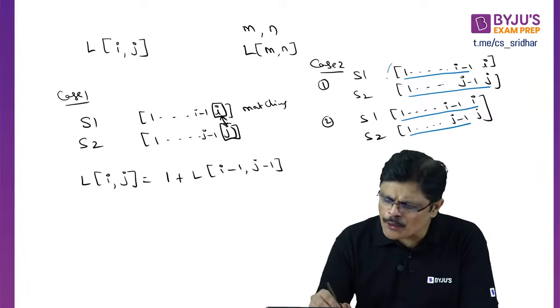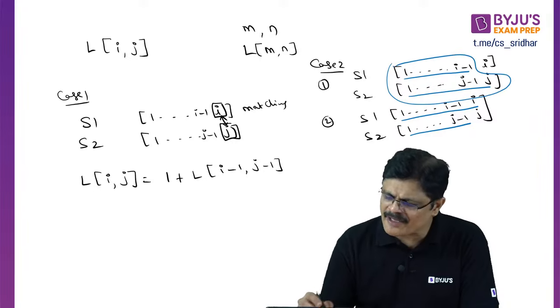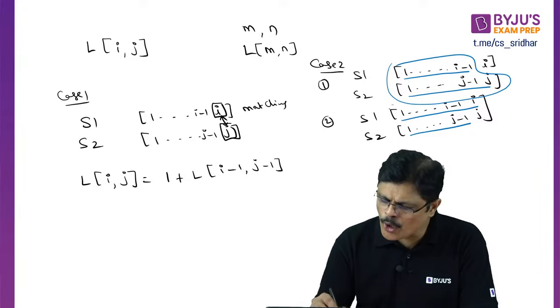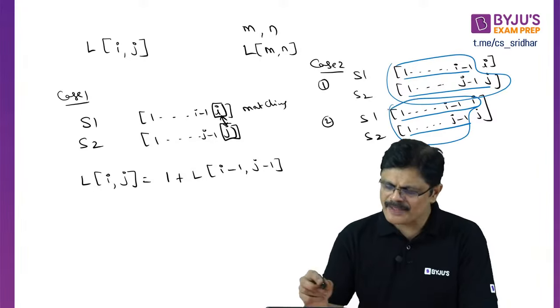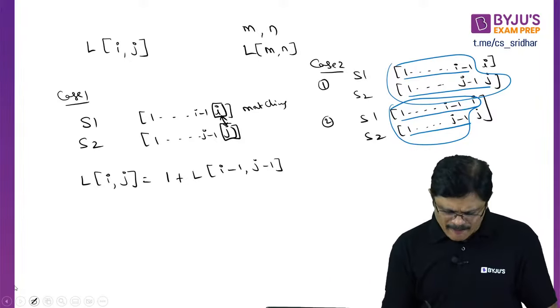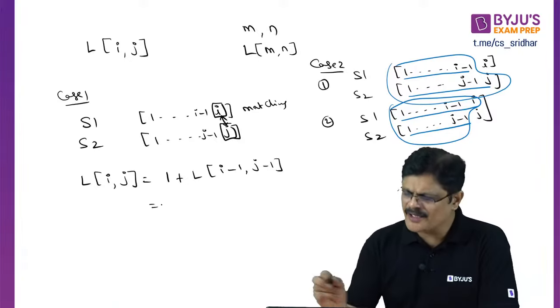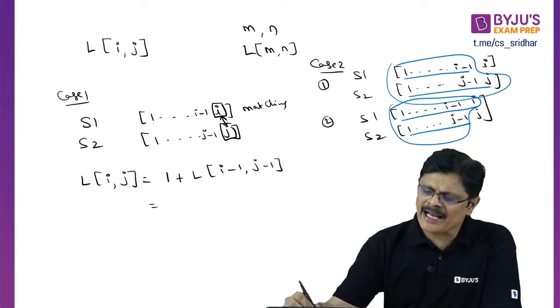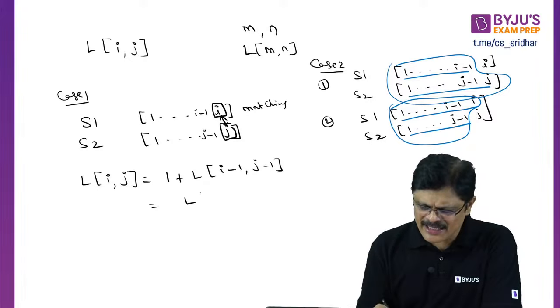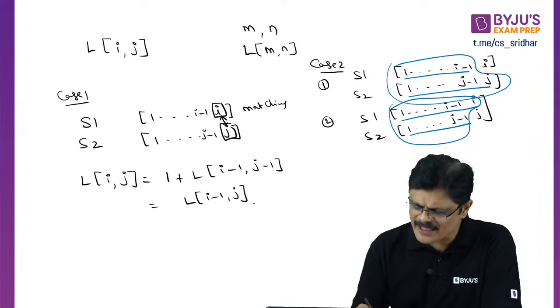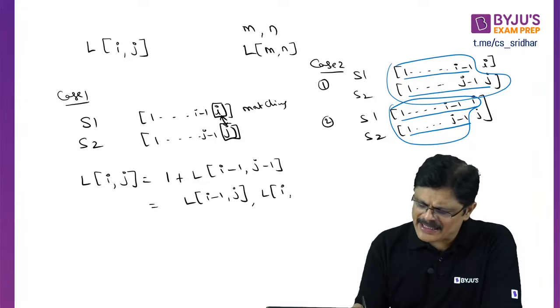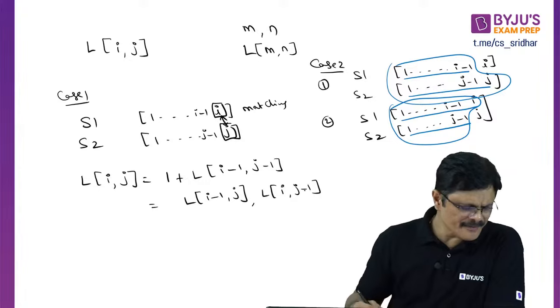That is, you are going to consider either this sub problem or that sub problem. What is the first sub problem, my dear friends? L(I minus 1, J). And what is the second sub problem, sir? L(I, J minus 1).